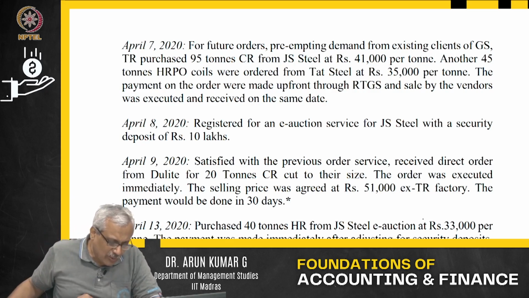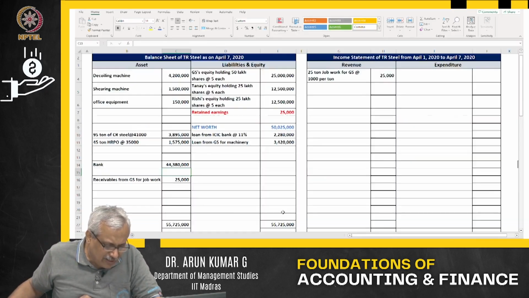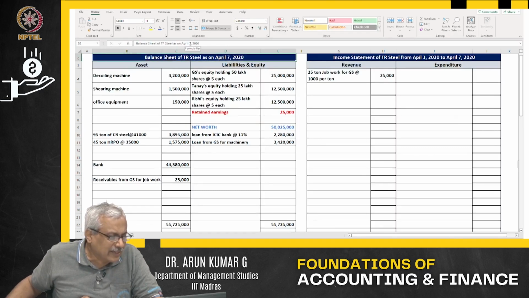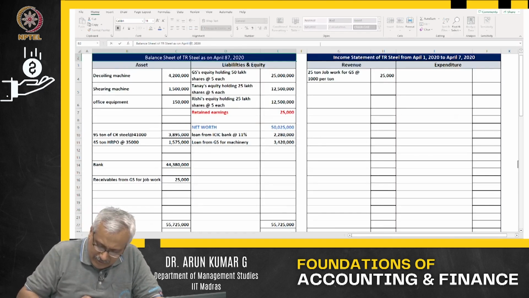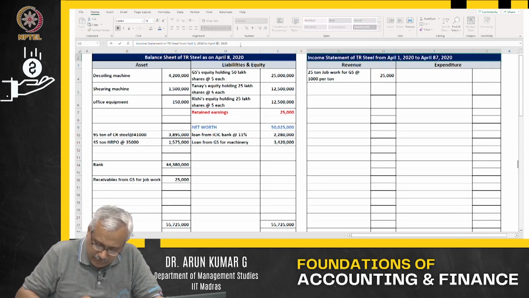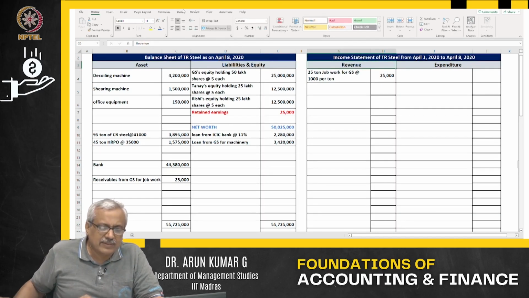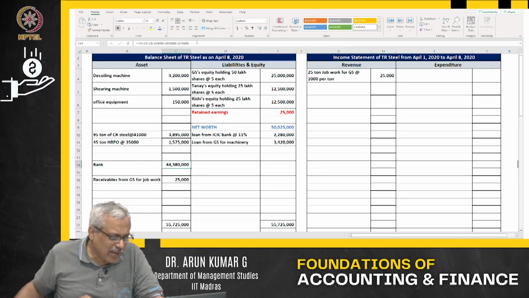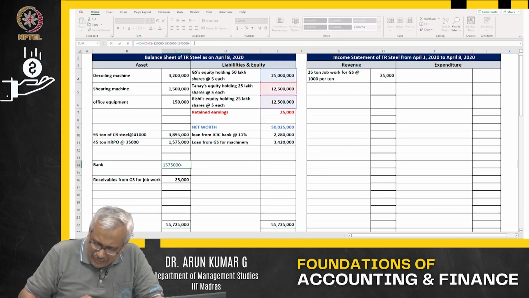So when it goes out, what happens? As of 8th of April out here, let me correct the date first. 1st to 8th of April out here, when it happens, first and foremost, 10 lakh rupees of your money has gone out.